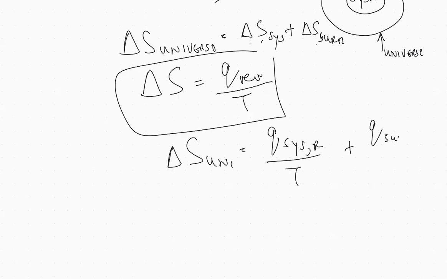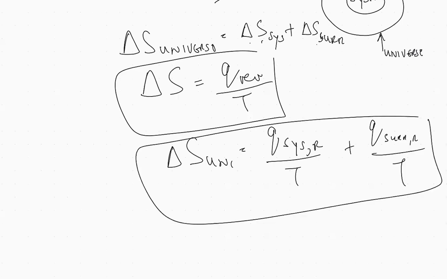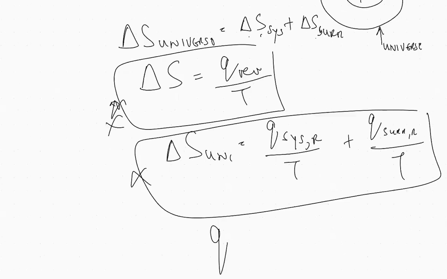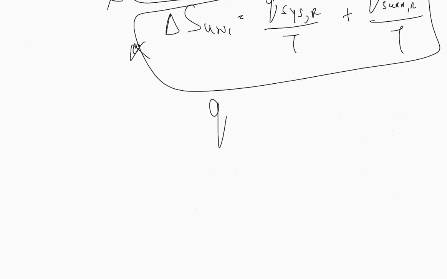From the previous video we learned these, which are the ones you remember. Just remember that the universe is a combination of system and surroundings. Then Q reversible, because we are using Q reversible here, nRT ln.